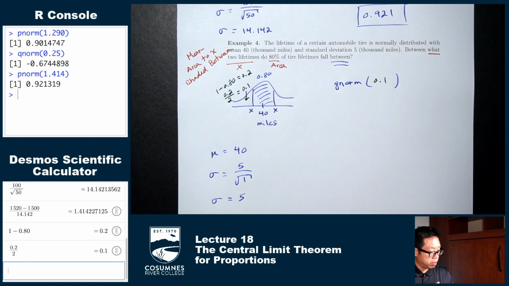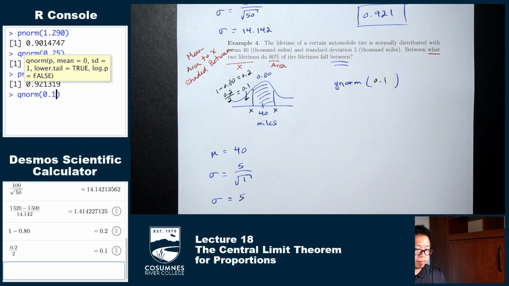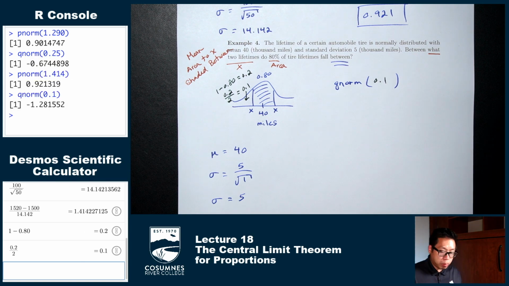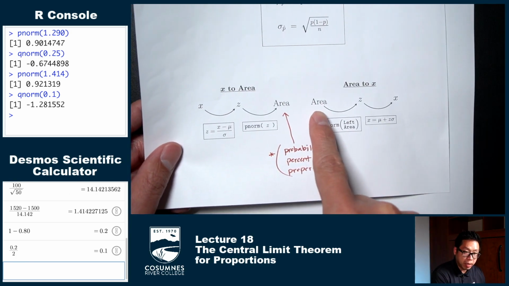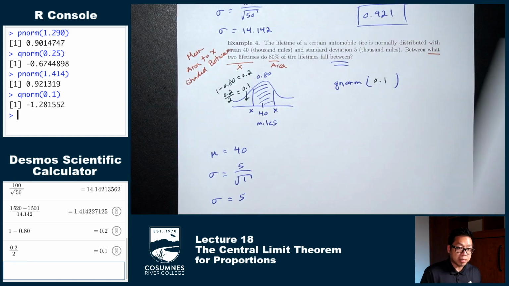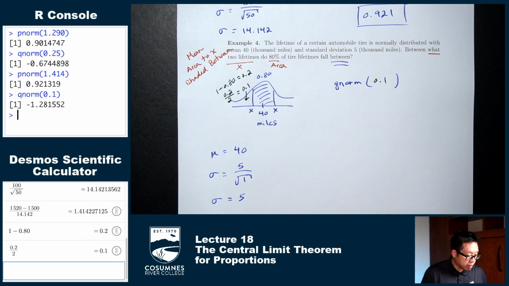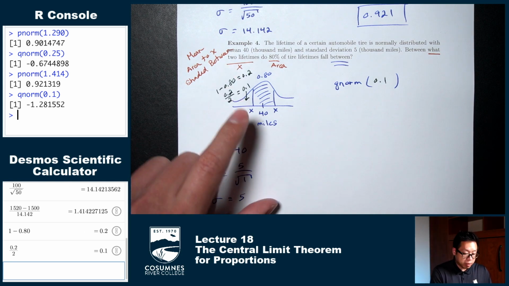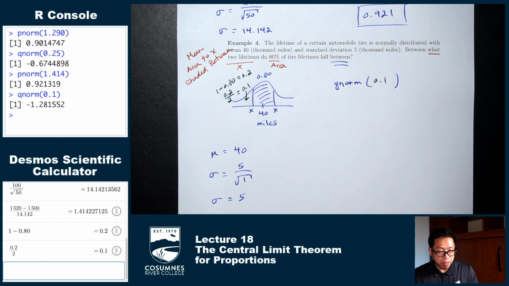So we're going to q-norm 0.1. The way q-norm works is it takes an area and it outputs a z. So that's going to be a z. Because at the end of the day, I want two x's, I need two z's.